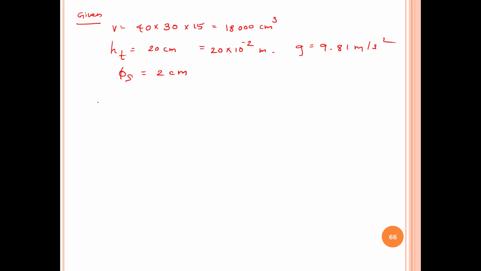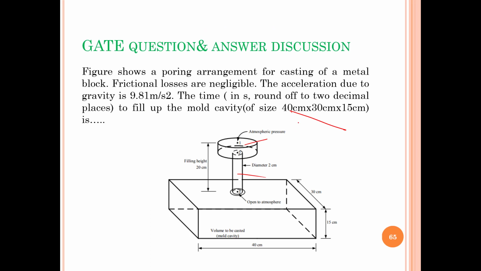Here also we have to calculate the velocity of molten metal at 3, that is the end of the sprue or entrance of the runner, right?